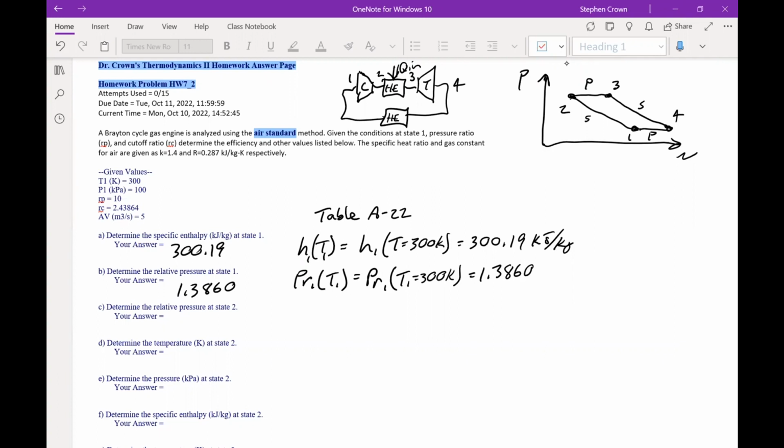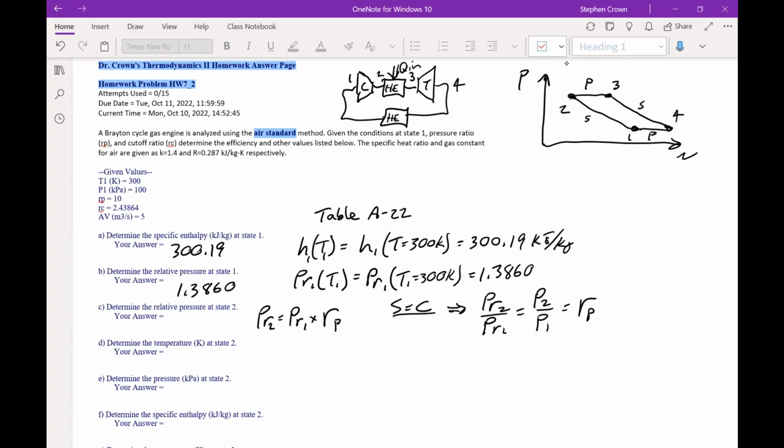Determine the relative pressure at state 2. So for an isentropic process, we have that Pr2 over Pr1 equals P2 over P1. And P2 over P1 is what we're calling our pressure ratio for this problem. So I can solve for Pr2. Pr2 equals Pr1 times rp.